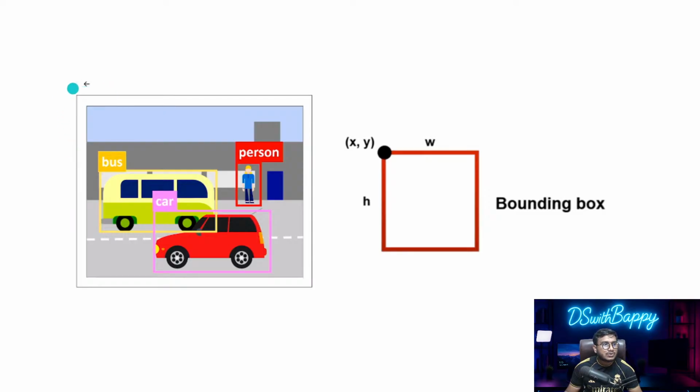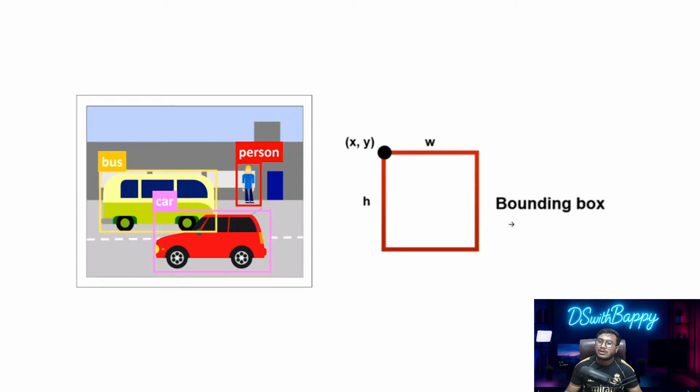Once you have the x and y, you have to figure out the w and h, that means the width and height of the bounding box. Let's say width is 20 and height is also 20. In the x direction you go 20, that means the width, and in the y direction you go 20, that means the height. Now if you complete the drawing, you get a bounding box like that. This is called a bounding box.